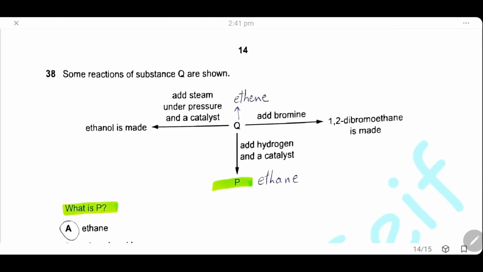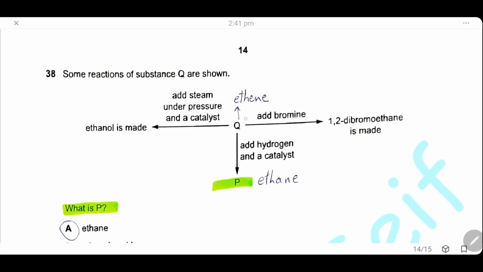Question 38. Some reactions of substance Q are shown. Substance Q, when we add steam under pressure and a catalyst, ethanol is made. And when we add bromine, 1,2-dibromoethane is made. So substance Q is ethene, because when we add bromine water to ethene, 1,2-dibromoethane is formed, and ethanol is formed by catalytic hydration of ethene, adding steam with pressure and a catalyst.